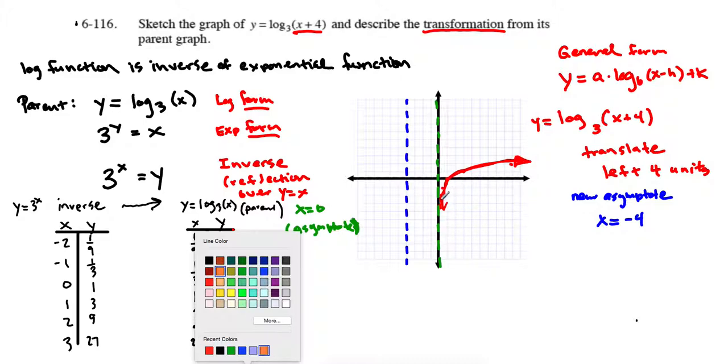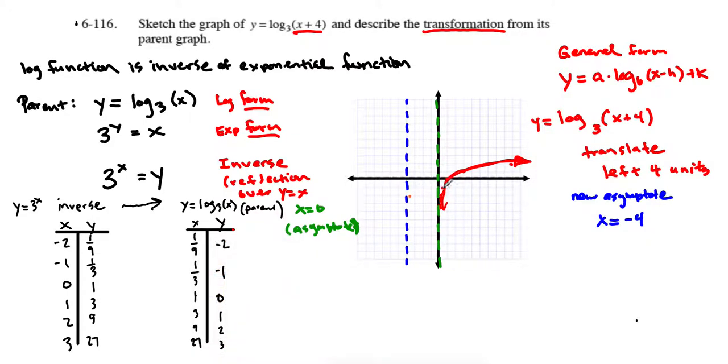So if we were here, we're going to go back 1, 2, 3, 4. Then we go back 1, 2, 3, 4 for each of the remaining points.